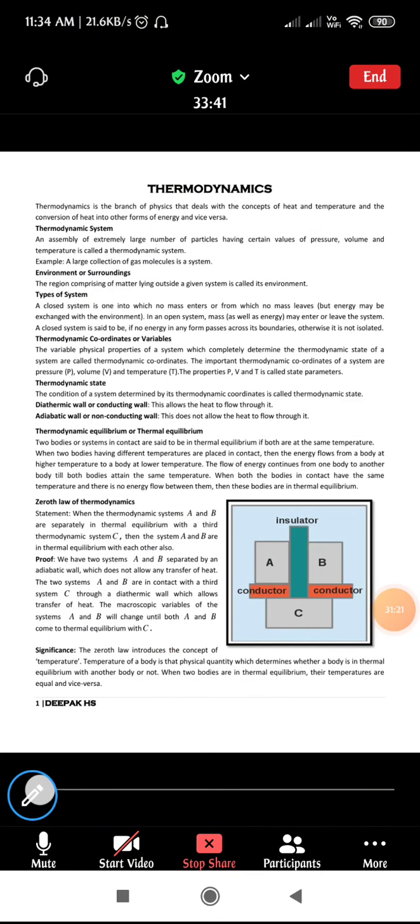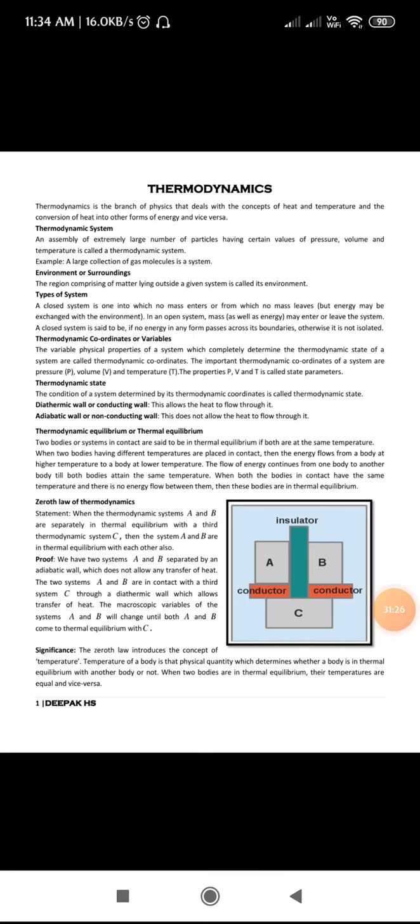Okay, we will do one thing. We will go through the concepts of this chapter. I'll name the concepts and how many marks you are going to get for each in your examination. The statement of the zeroth law can be asked for 1 mark. I'll share the link of this class so that you can go through it once.